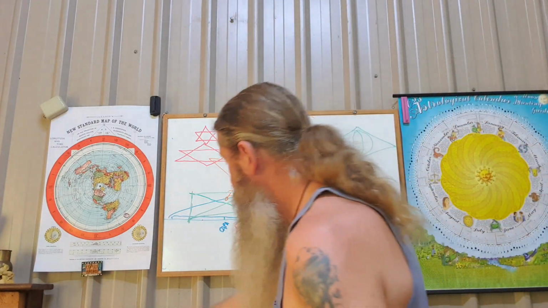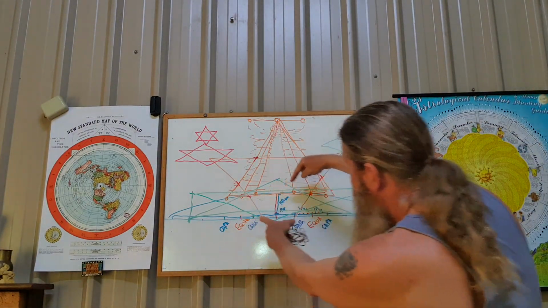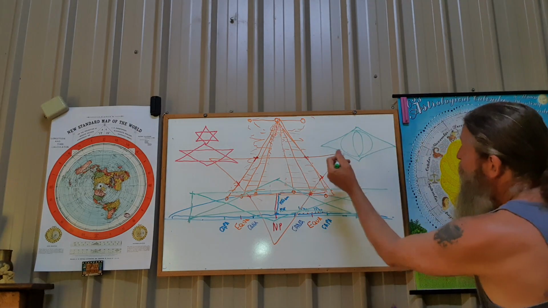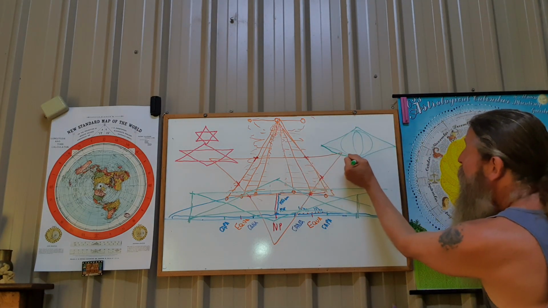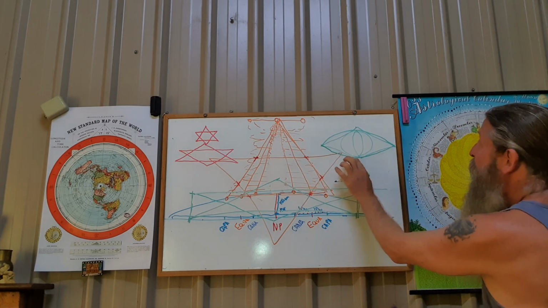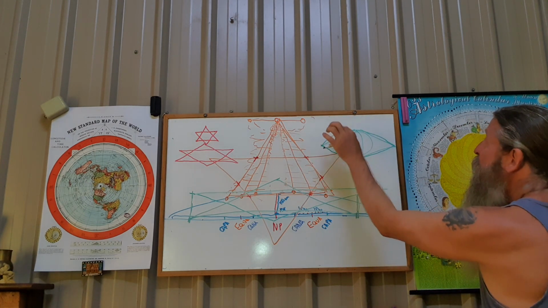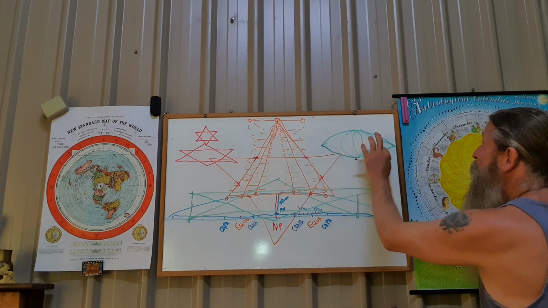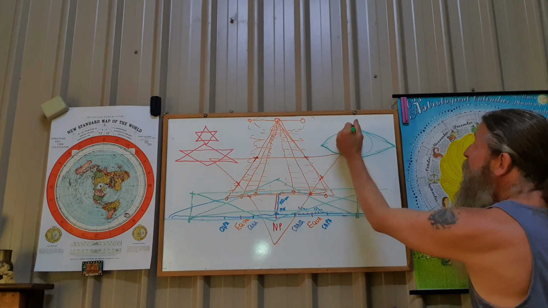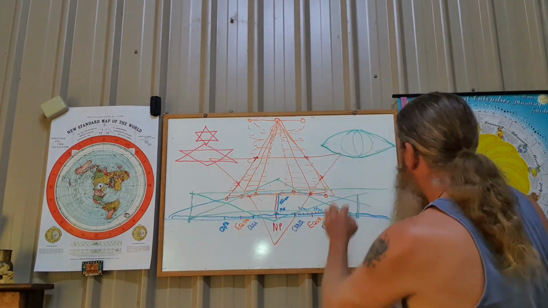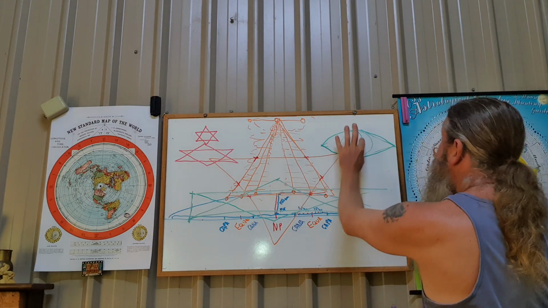So if we then round these off slightly, make that rounded, we'll start to see more and more the shape of an eye. Draw a circle within it, and then that's not the best one ever.